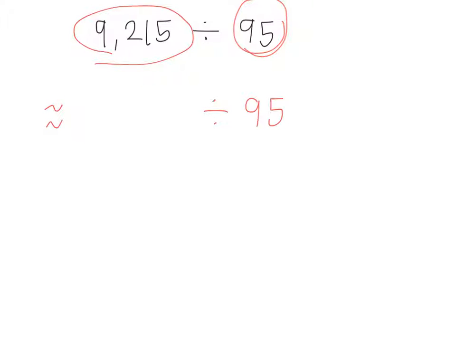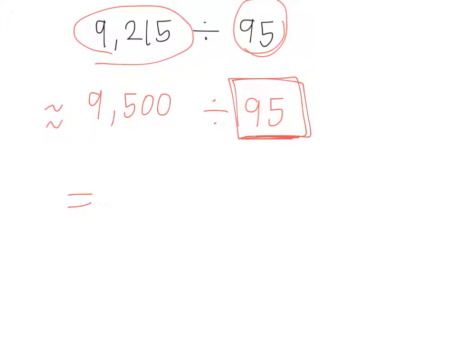Talk to your table groups. So in this case, the whole of 9,500, even though it's farther away than 9,000, allows me to have a closer answer to the real thing because I am not having to round my divisor. So in this case, this is the preferable choice.